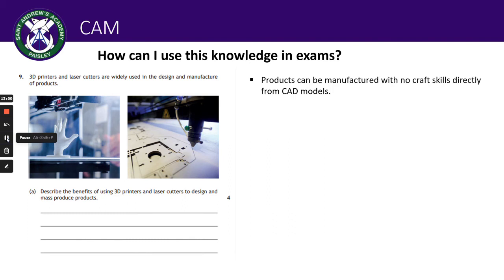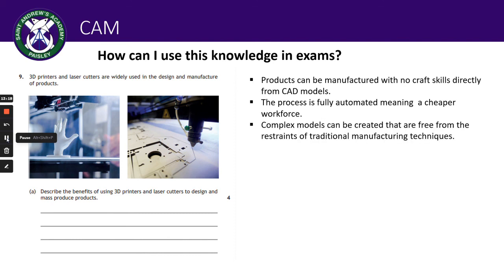So products can be manufactured with no craft skills because they are printed directly from CAD models, computer-aided design models. The process is fully automated, meaning a cheaper workforce, higher profits. Complex models can be created that are free from the restraints of traditional manufacturing techniques.